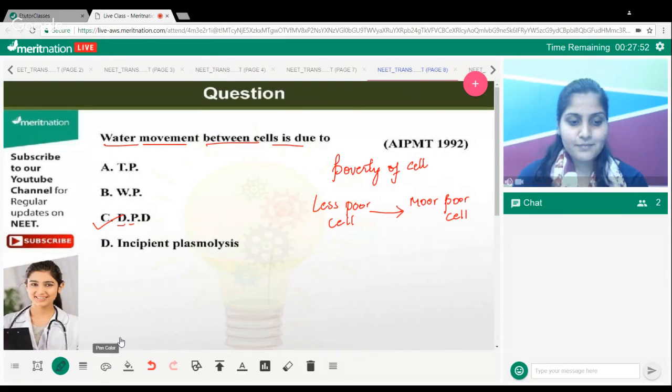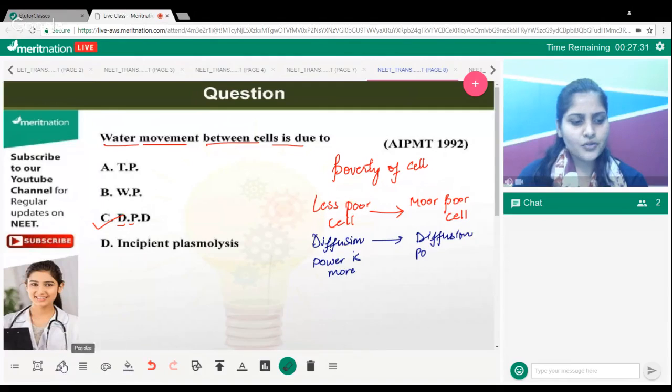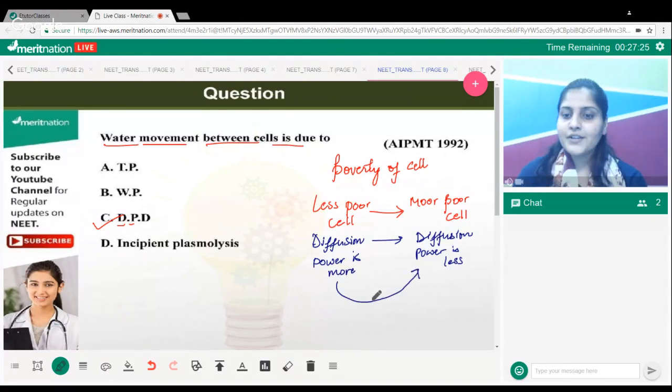If a cell is poor, it simply means that the diffusion pressure deficit here is more than this one. This one has less diffusion pressure. I'm writing power, let it be power also, no problem. Diffusion power is less here. So of course, water will move from here to here.